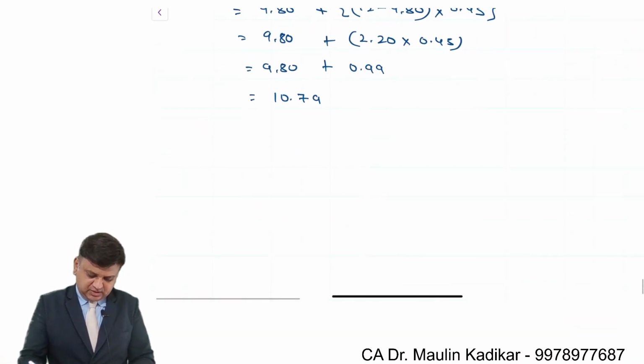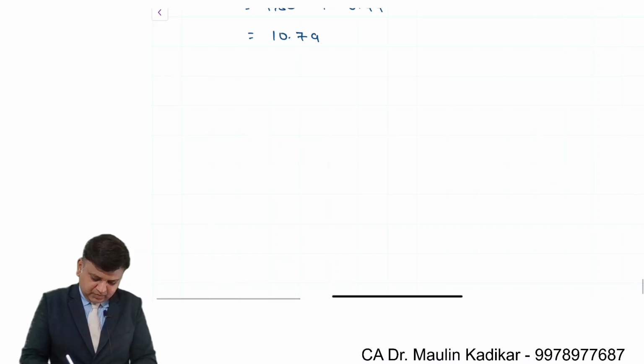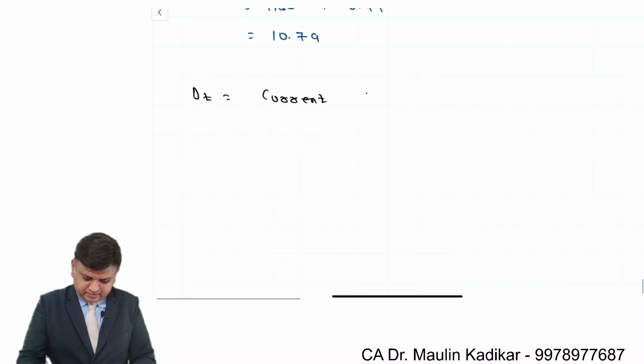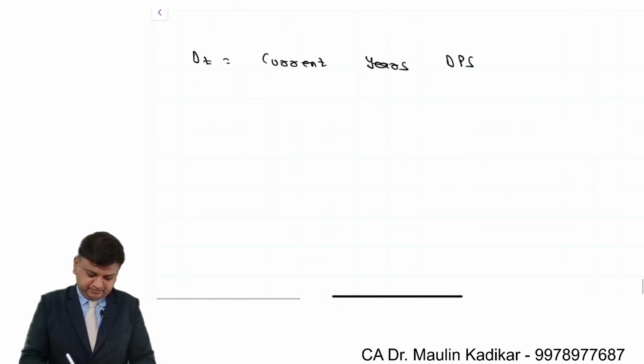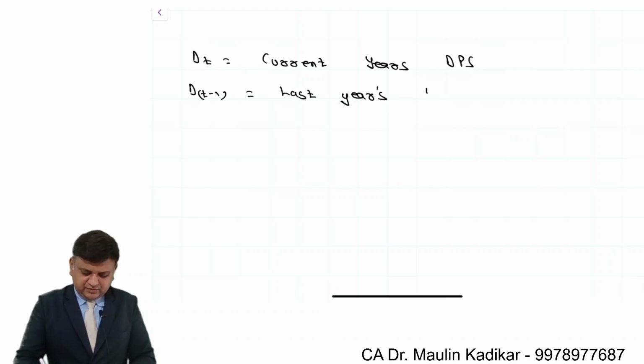So please write down the answer. DT stands for current year's dividend per share. DT minus 1 is last year's dividend per share.